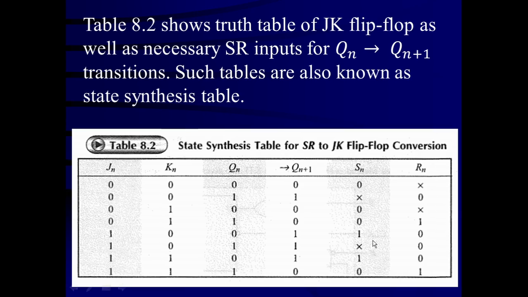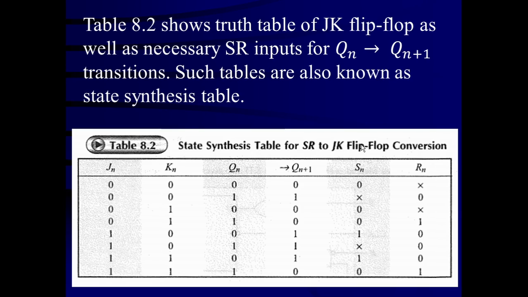Corresponding to that, what is the requirement for S that you can substitute in those places? M0 you can substitute 0, M1 you can substitute X, M2 you can substitute 0, M3 you can substitute 0, M4 you can substitute 1, M5 you can substitute X, M6 you can substitute 1, M7 you can substitute 0. This way, the Karnaugh map for S input can be prepared.